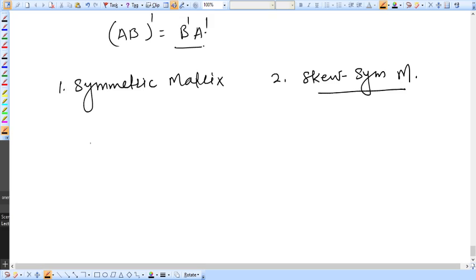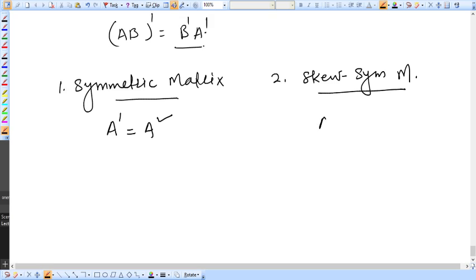Okay, a symmetric matrix is a square matrix. A square matrix is said to be a symmetric matrix if A transpose is equal to A itself. This matrix is known as a symmetric matrix.